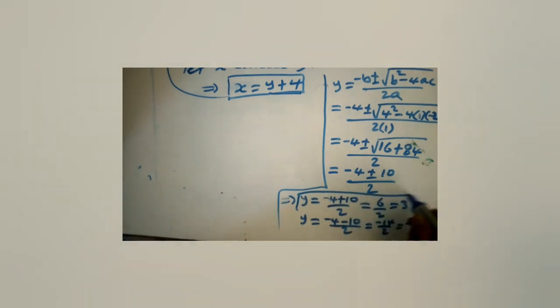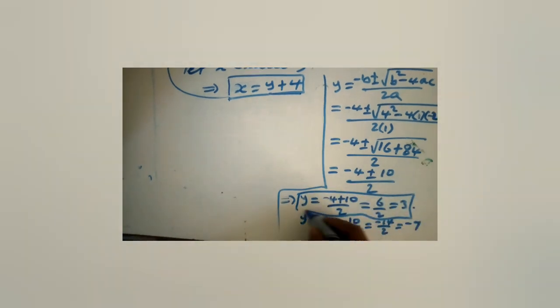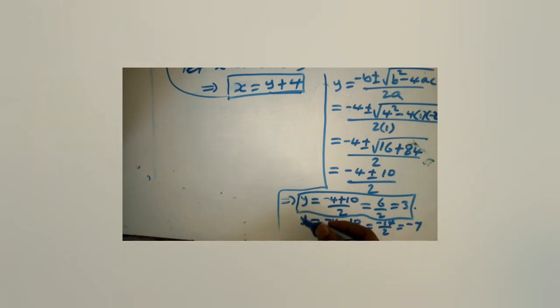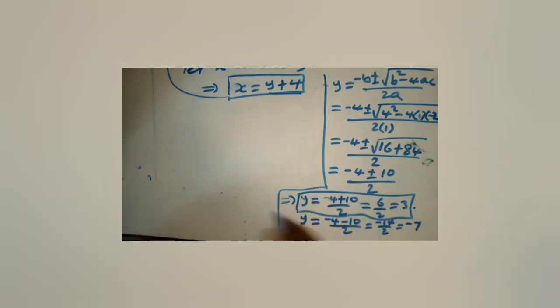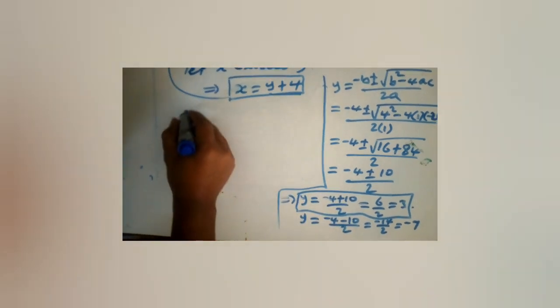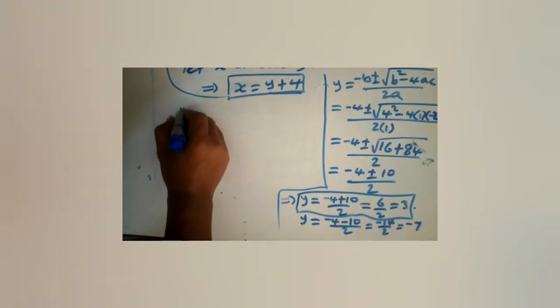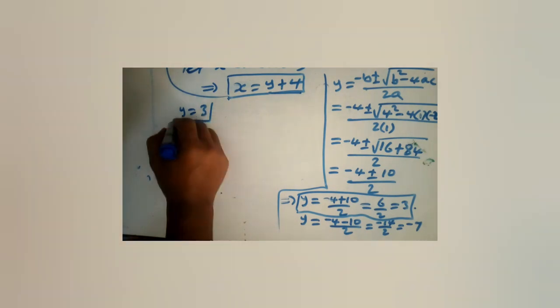We chose y = 3 because we are dealing with the length of a side. Therefore from our choice we get y = 3.